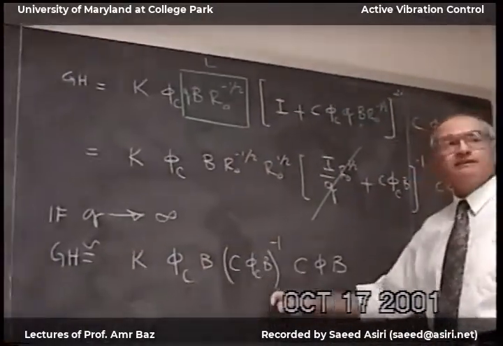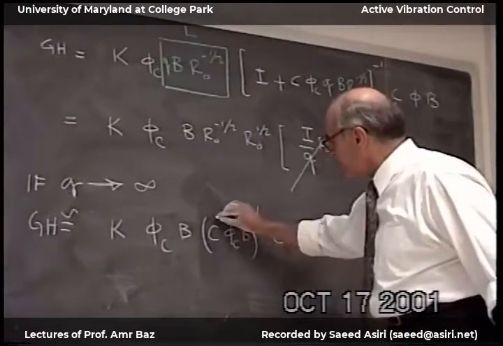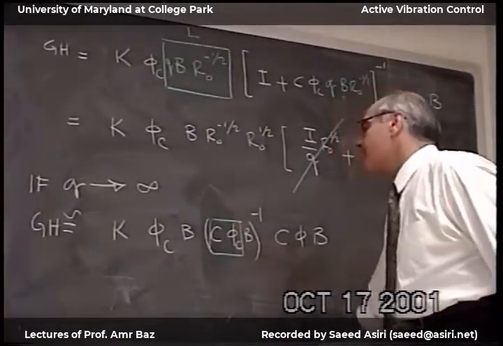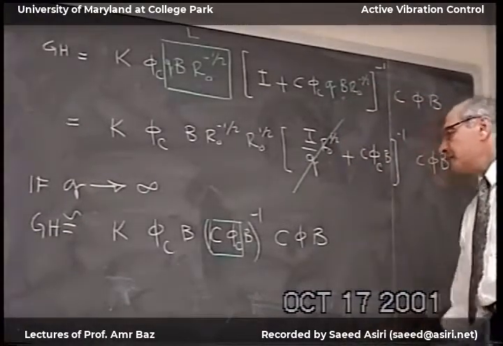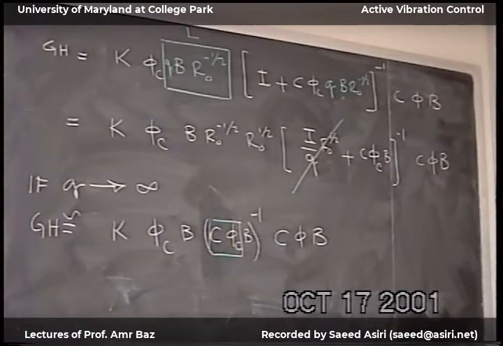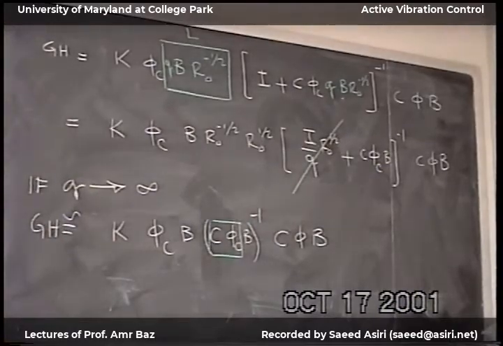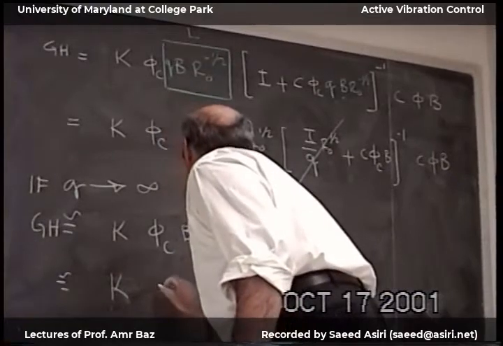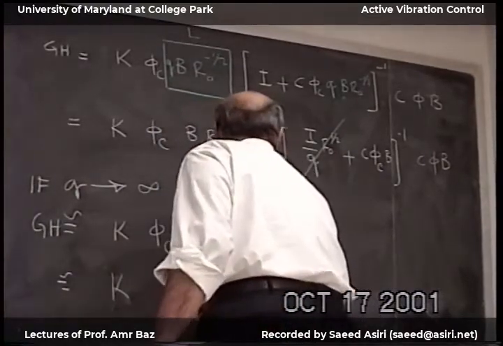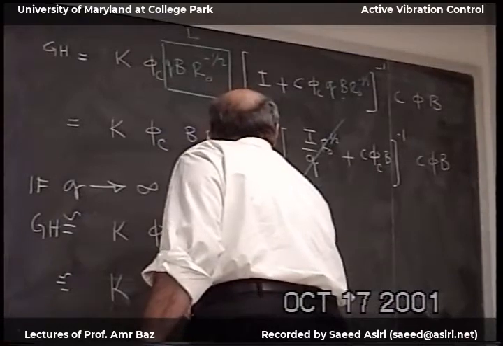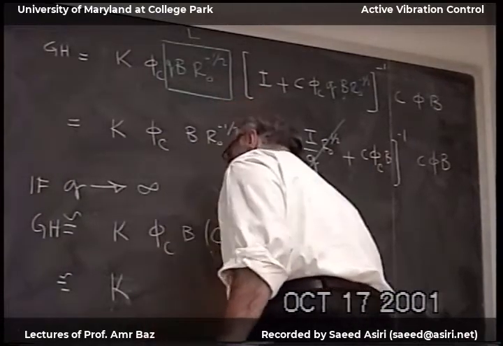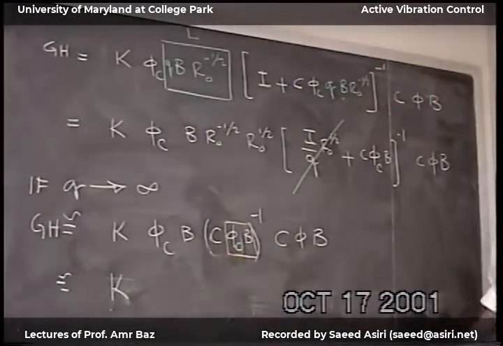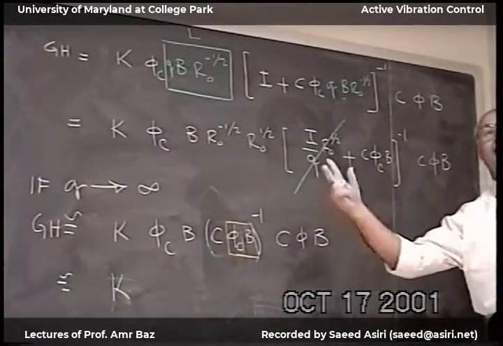Now I'll take these matrices and break them down like this. So we'll have here K. Oops, no, make them like this. I have two matrices like this, so the inverse will be the reciprocal of these two matrices.